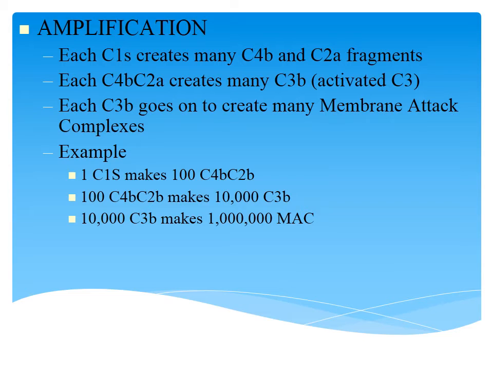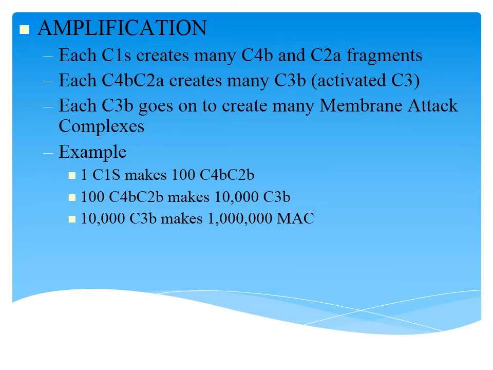The C1 complex is again cleaved into three parts: Q, S and R. Each C1s creates many C4b and 2a fragments. Now this heterodimer, if it is X, will create 2X of C3b, and C3b again creates 4X concentration of C5a and finally it will be 8X concentration of membrane attack complex.